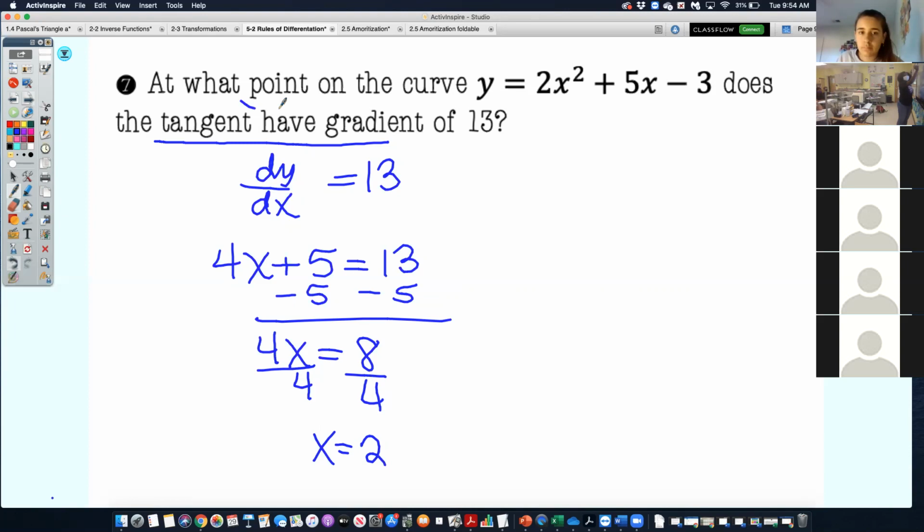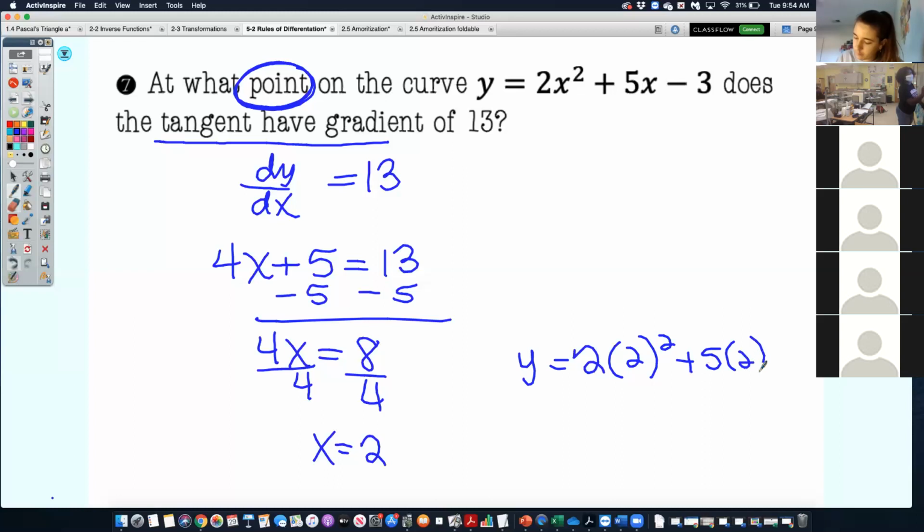But it's asking me for the point. I know the x, I have to plug it in to find the y. And where do I plug it into? The original. And again, I'm doing this because it's asking me to find the point where the gradient of the tangent line is 13. What'd you guys get? 21, 5.